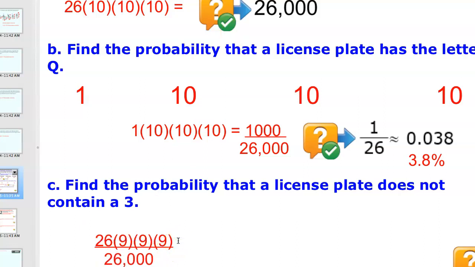I'm going to pick up my calculator. 26 times 9 times 9 times 9 is 18,954. And I'm going to divide that by my total number of possible outcomes, 26,000.